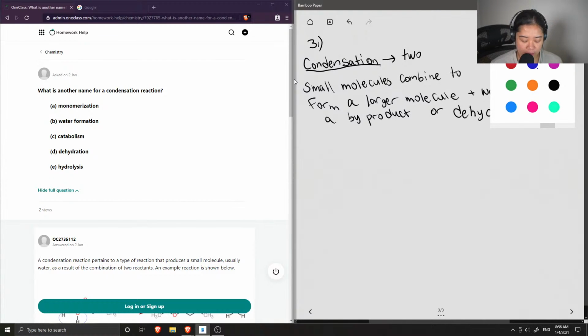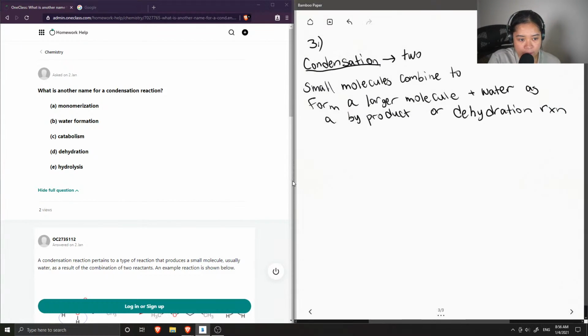Okay, so let me just draw out an example showing two amino acids. Every amino acid contains an amine group, which is NH3. They contain a carboxylic acid functionality as well, and a hydrogen.